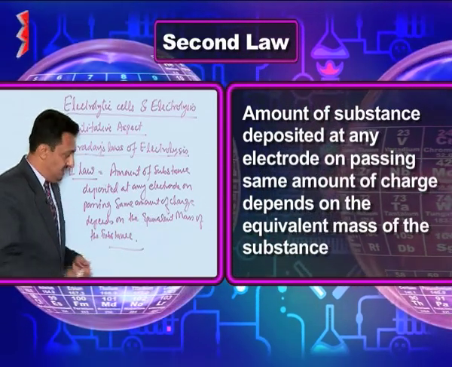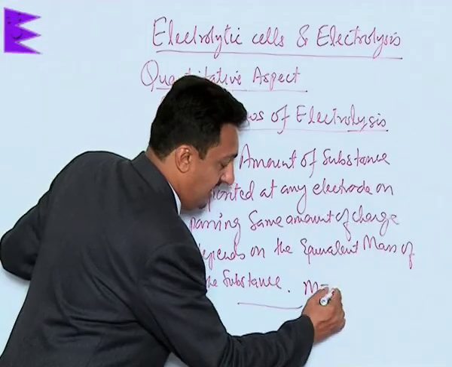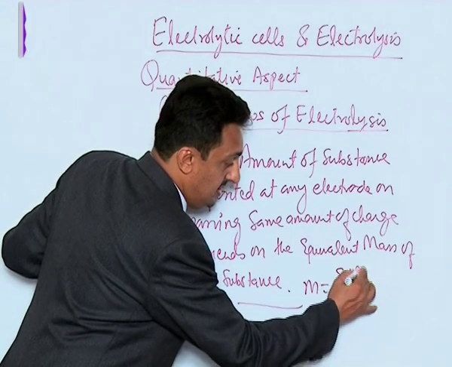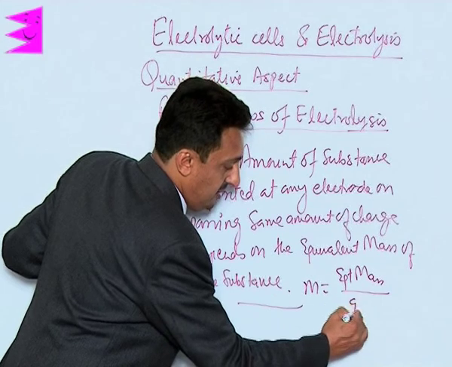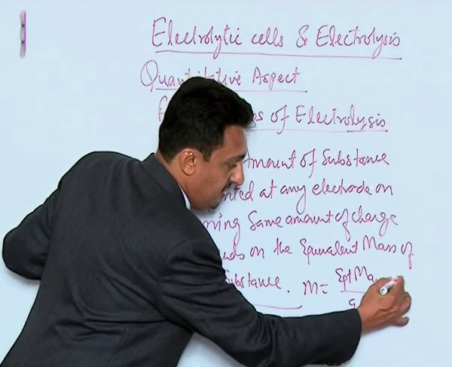It's very clear, because we know that M is equivalent mass upon 96500 into Q.